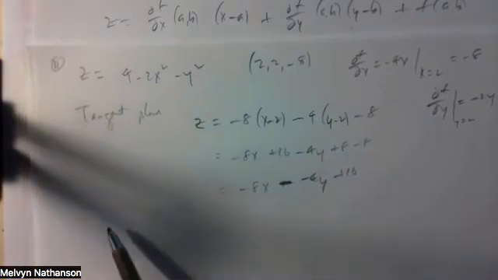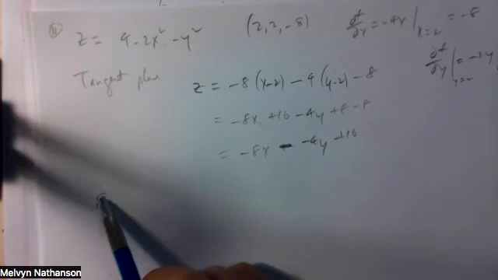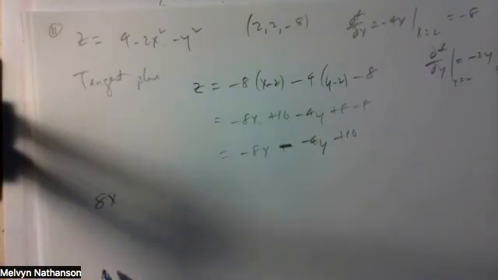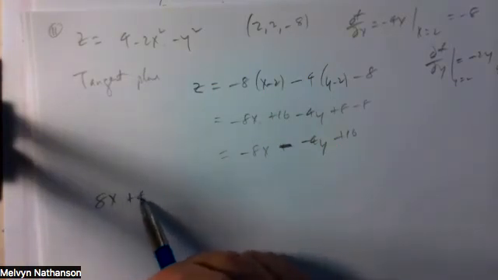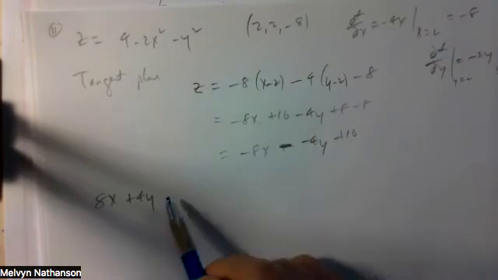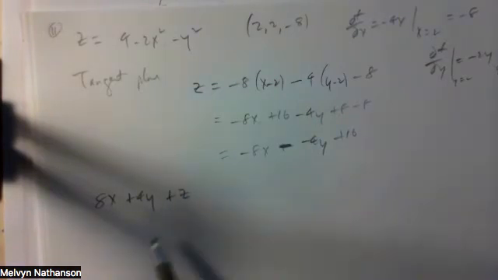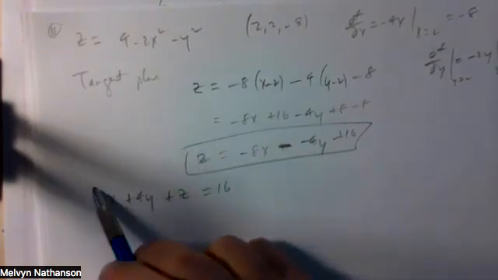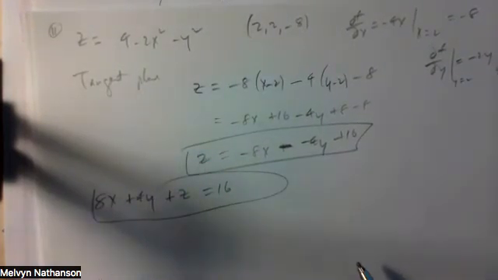So we have the tangent plane z equals this, if you like. Or you could rewrite it as 8x plus 4y plus z equals 16. So these are equivalent.